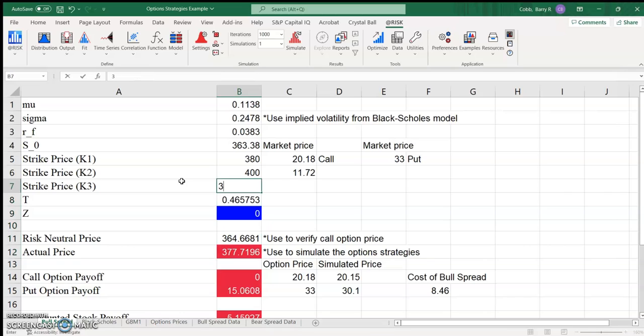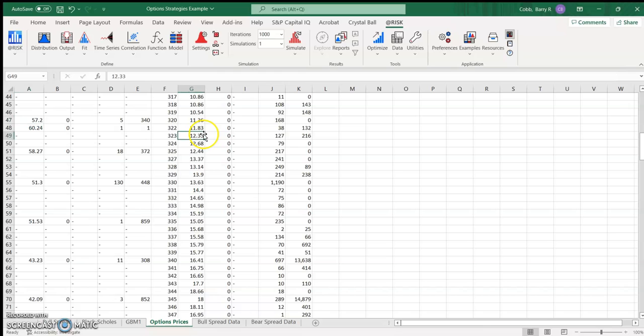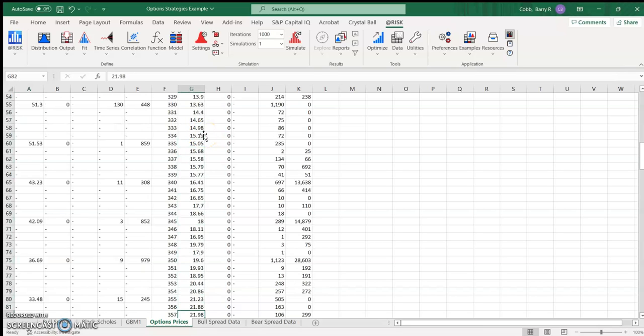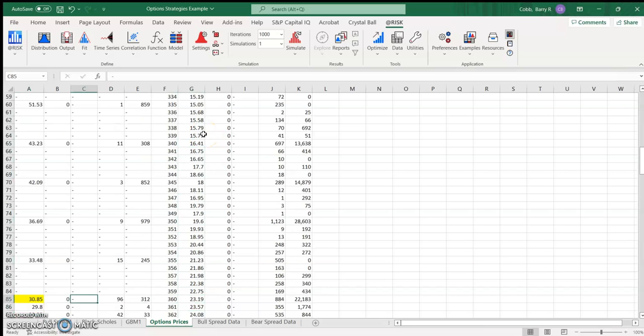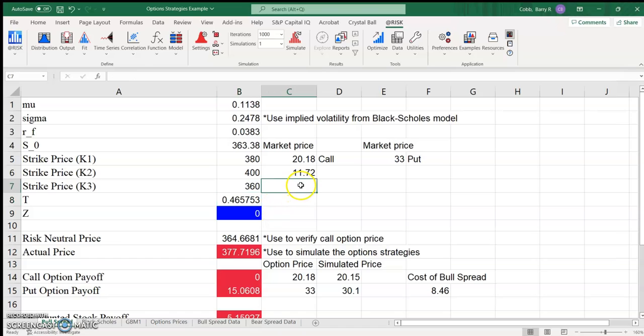And then we'll use a call option with the strike price of 360 as the lower strike price option. So we need to look up the market price for this 360 strike price option. And right now it is at about $30.85 as of when these prices were obtained.